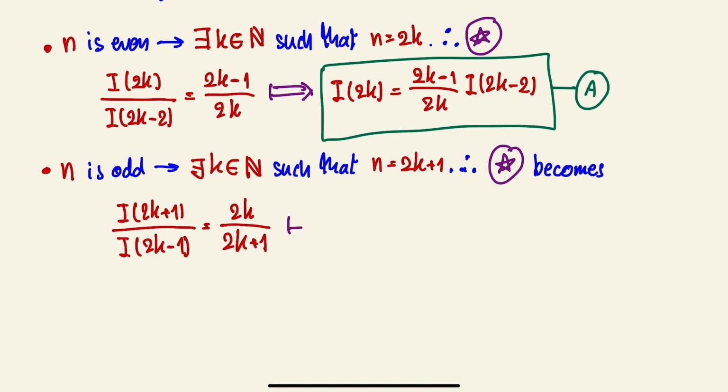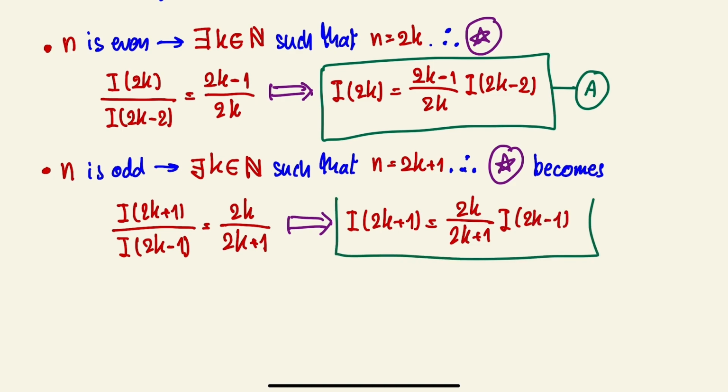Multiplying both sides by this term, I of 2k plus 1 equals 2k over 2k plus 1 times I of 2k minus 1. This is equation B.